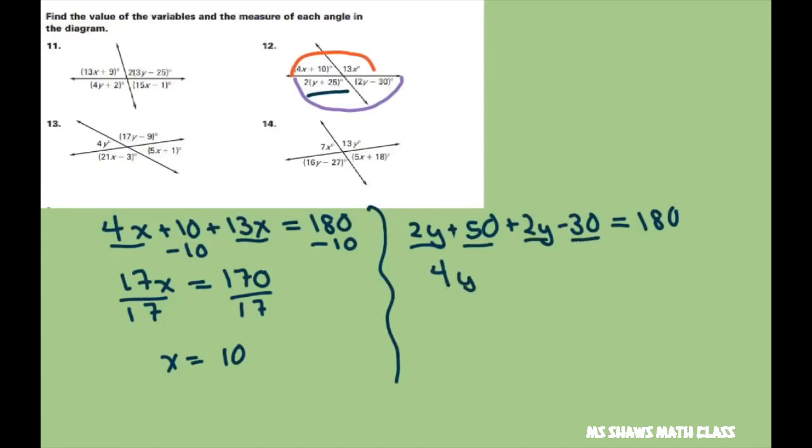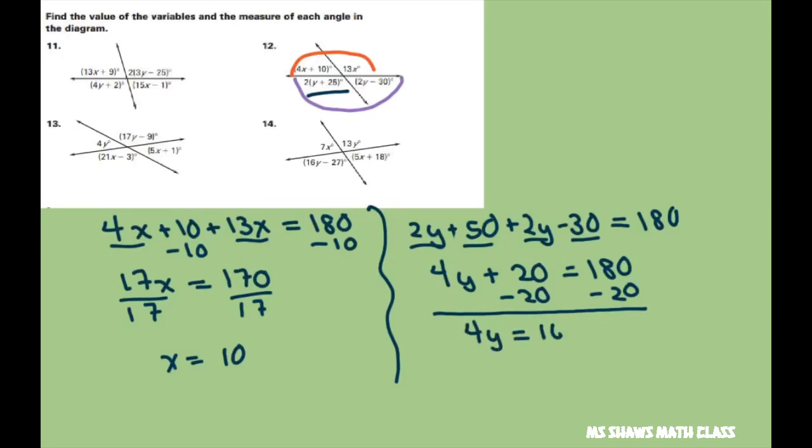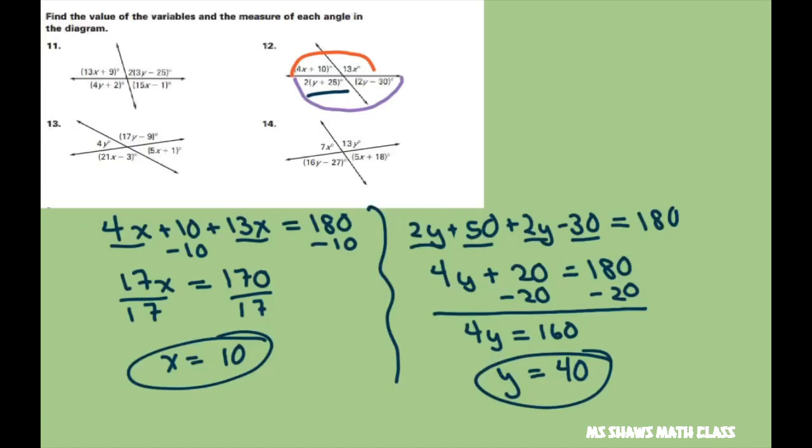Combine those 2, and you get 20 equals 180. Subtract 20 from both sides, and you get 4y equals 160. So y equals 40. Divide both sides by 4, you get 40. So we have our x and our y, and you just have to plug it in.